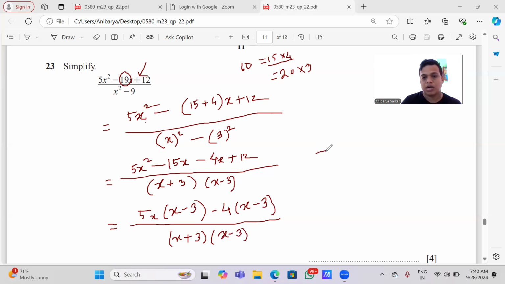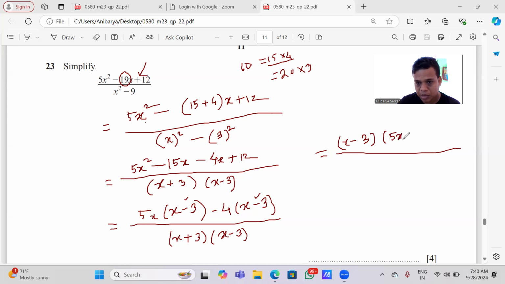Now from the numerator, we take common x minus 3. If we take common x minus 3, the remaining part is 5x minus 4.